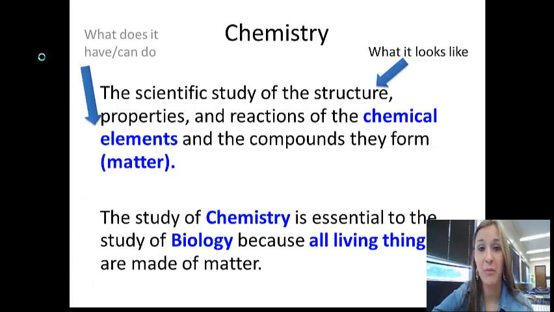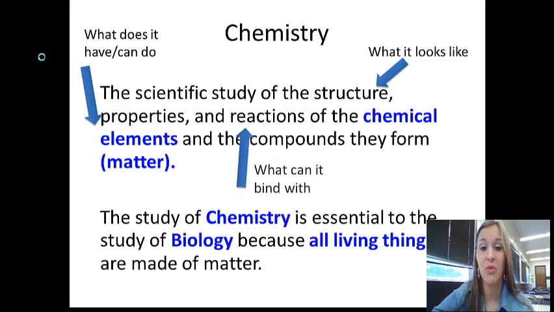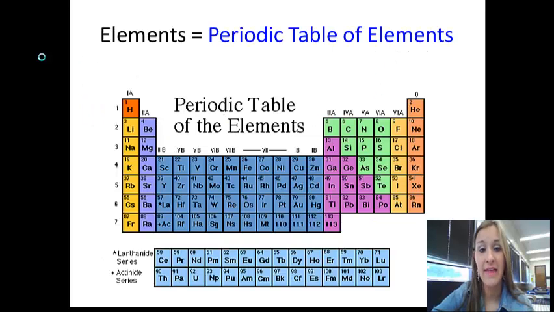We're going to be looking at the properties of molecules, what it can do, or what does it have, and the reactions, which are what can it bind with. So for example, you might think of water, H2O, has hydrogen and oxygen, and they can bond together to form a water molecule. And we're going to be looking at elements.